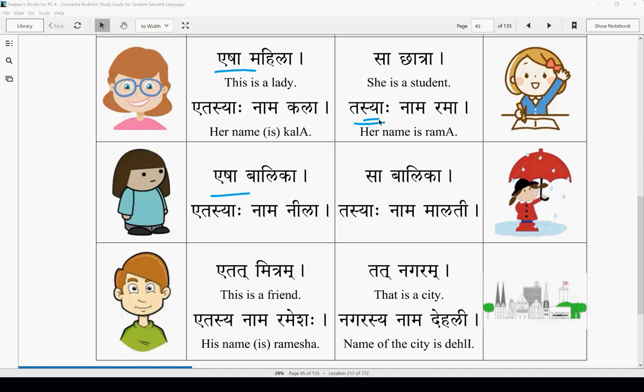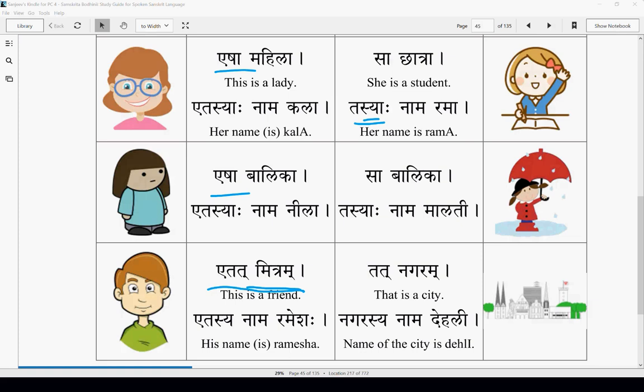Tasyaha nama Malati. Yeah. Etat kim? Etasya nama Rameshaha.